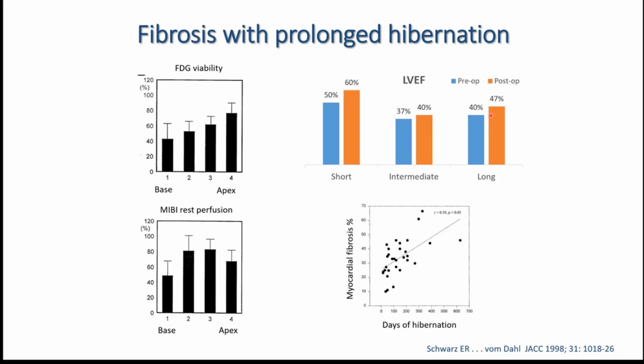This is not quite fitting with what I just said, but looking at the percent fibrosis from the histology studies, there was a vague relationship between the amount of fibrosis and the days of hibernation before operation. So if you detect hibernation, it's something that you shouldn't dither about, I don't think, because they may be losing myocardium all the time.